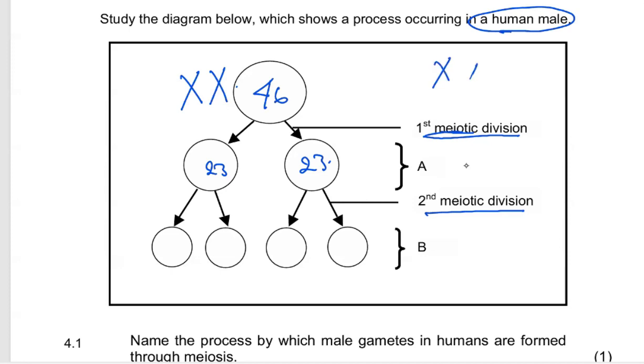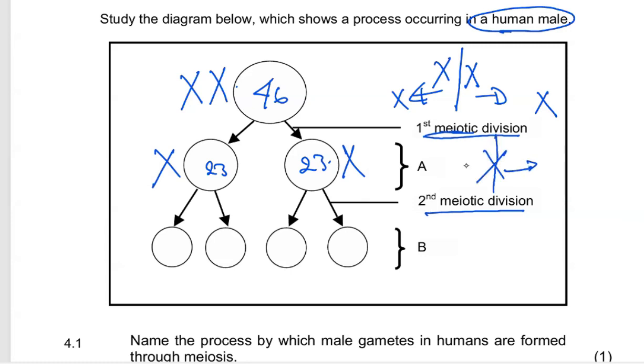When they split, this one goes to one cell, this one goes to another cell. So they'll end up having single chromosomes, meaning that they're not homologous. But they still have double strands.